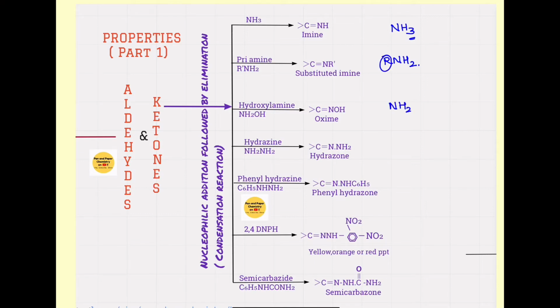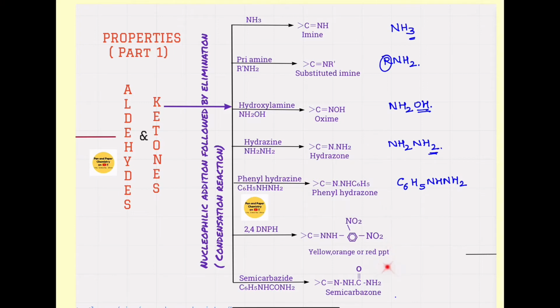So I'll have hydroxylamine. Instead of OH, if I put another NH2 group, it becomes hydrazine. Replace the hydrogen by a phenyl group, so we will have C6H5NH2... so it becomes phenylhydrazine, right? Phenylhydrazine, sorry.